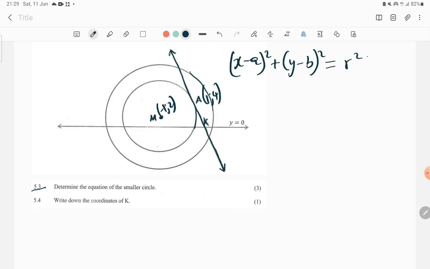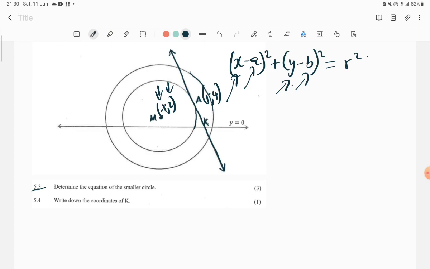So what we need to remember is that the values of a and b are the x and y coordinates of the center respectively. Now, we do have the coordinates of the center, since this is -1, 2 respectively, and this x and y are any points on the circumference of the circle whose equation you are looking for.